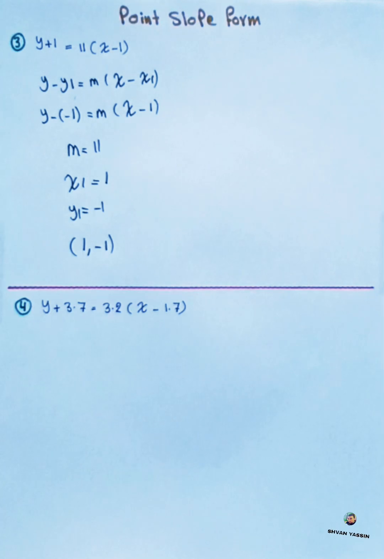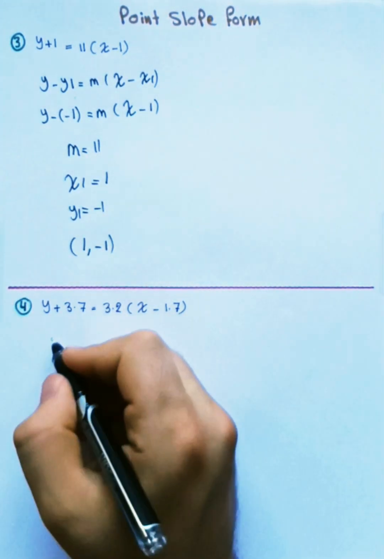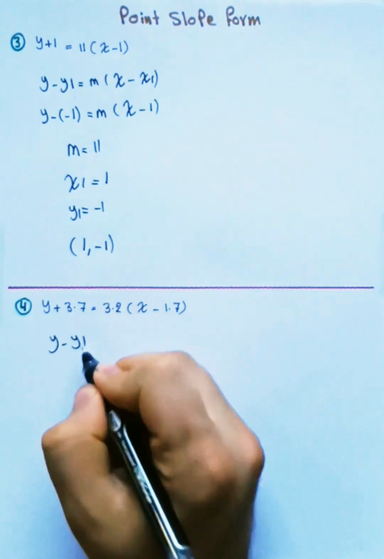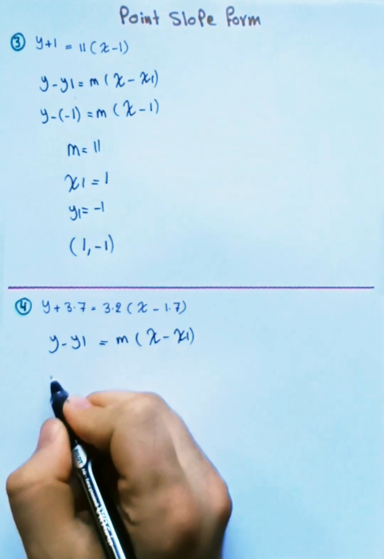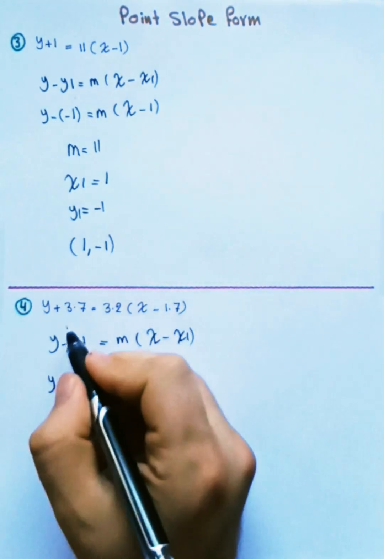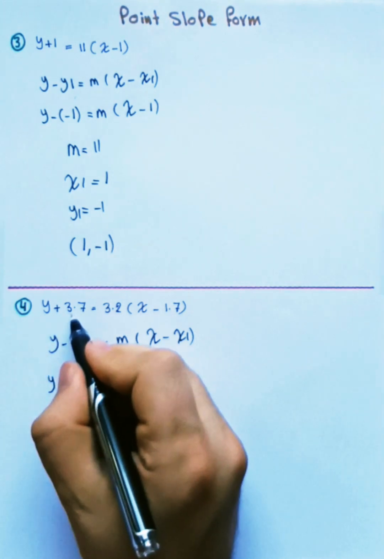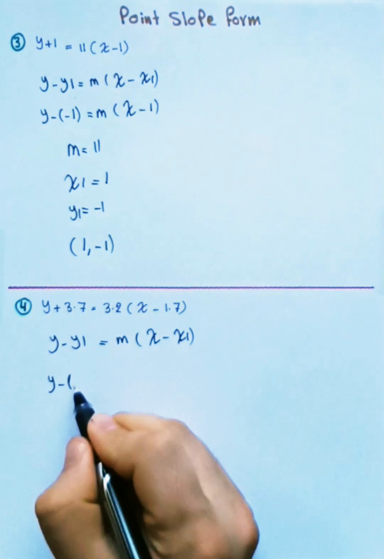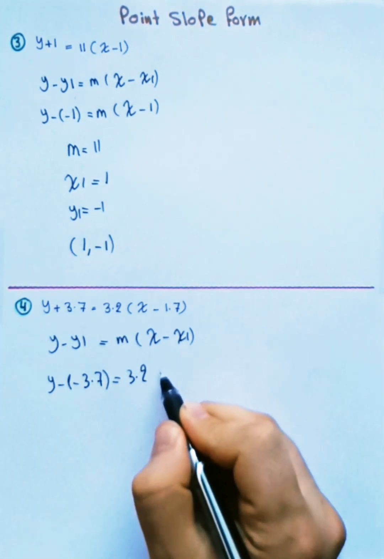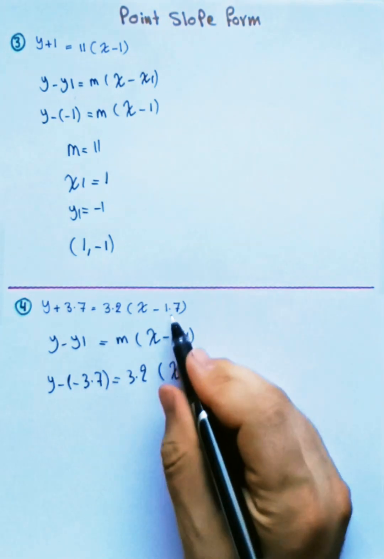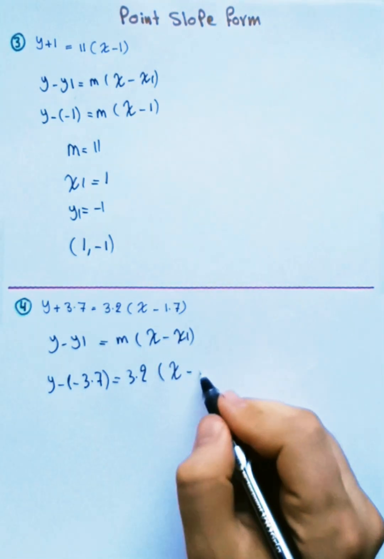Example number 4, we have y plus 3.7 equal to 3.2 x minus 1.7. You have to rewrite this equation in point slope form: y minus y1 equal to m times (x minus x1). So y minus the value for y1, which becomes negative 3.7, equal to 3.2 x minus the value for x1, which is positive 1.7.